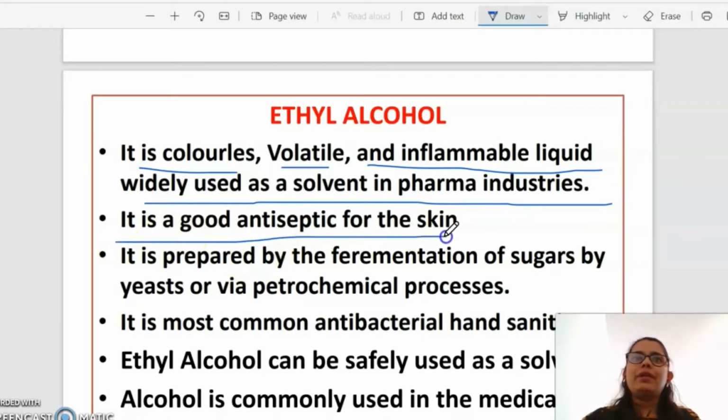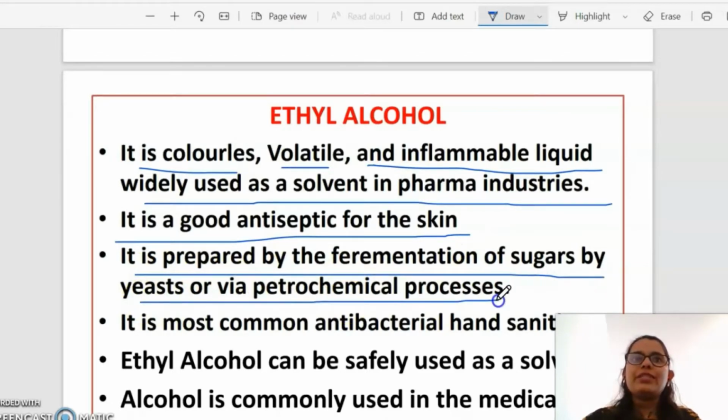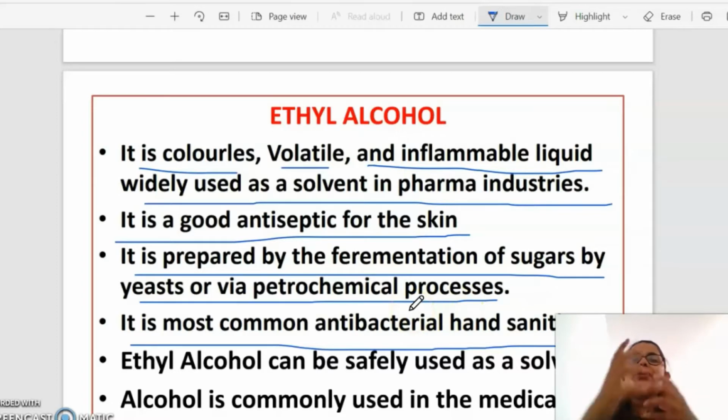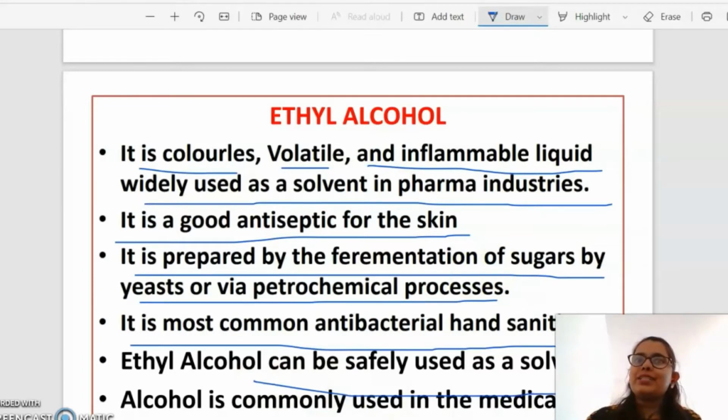It is a good antiseptic for the skin. It is prepared by the fermentation of sugars by yeast or via petrochemical processes. It is the most common antibacterial hand sanitizer. You know, for the last 2 years in the pandemic, we are using different sanitizers which contain ethyl alcohol, and that is very helpful for killing bacteria. Ethyl alcohol can be safely used as a solvent.